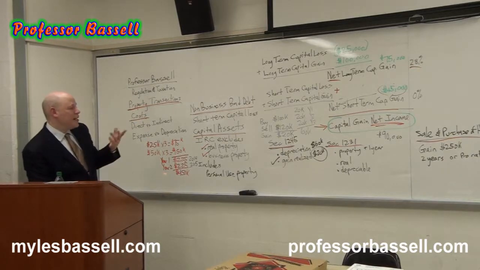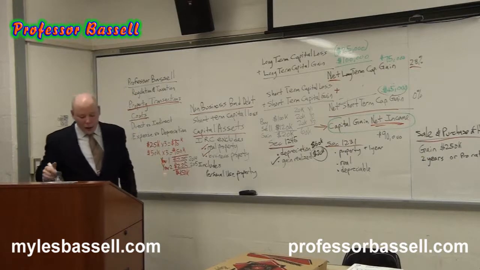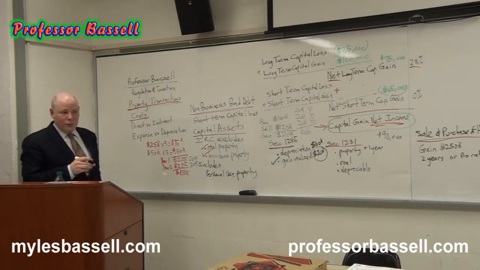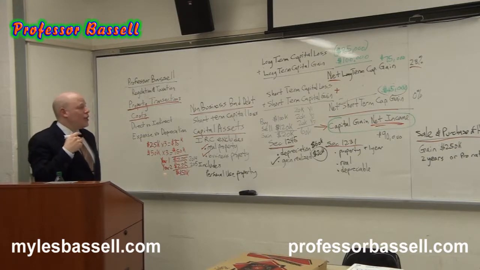So let's say we decide to sell our business and there's a loss on the office equipment. So we're going to abandon our office equipment. We're not going to take it with us. There's a loss. Let's say the loss is $150,000.